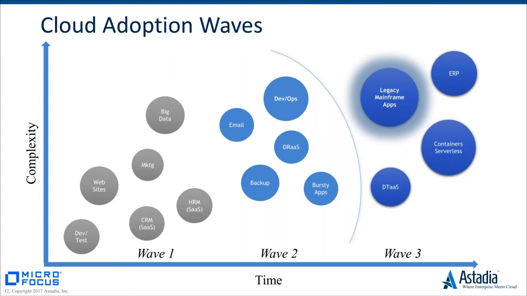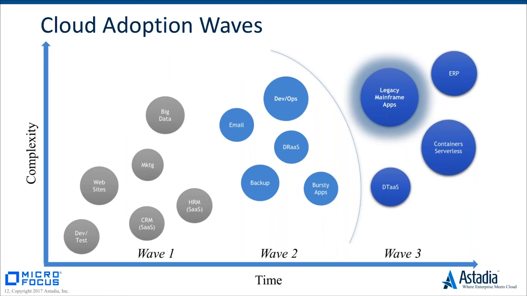Because what we saw initially, what you might call a first wave, were things like development and test environments, being able to spin up machines, try something out, and then take it down, and you don't have to invest in hardware. If it fails, okay, no problem. You didn't have to go out and buy a server and a bunch of software and then end up trying to find another purpose for that hardware and software.